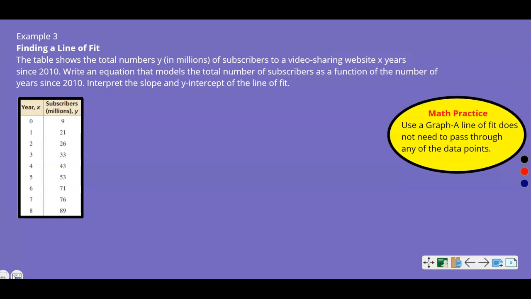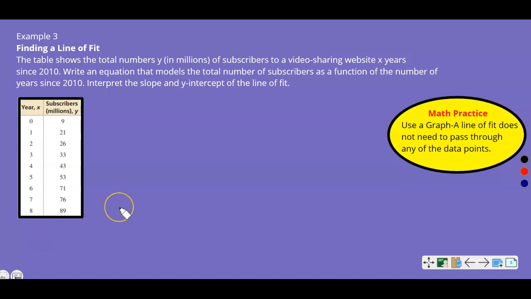Example 3, finding a line of fit. The table shows the total number y in millions of subscribers to a video sharing website x years since 2010. Write an equation that models the total number of subscribers as a function of the number of years since 2010. Interpret the slope and the y-intercept of the line of fit.